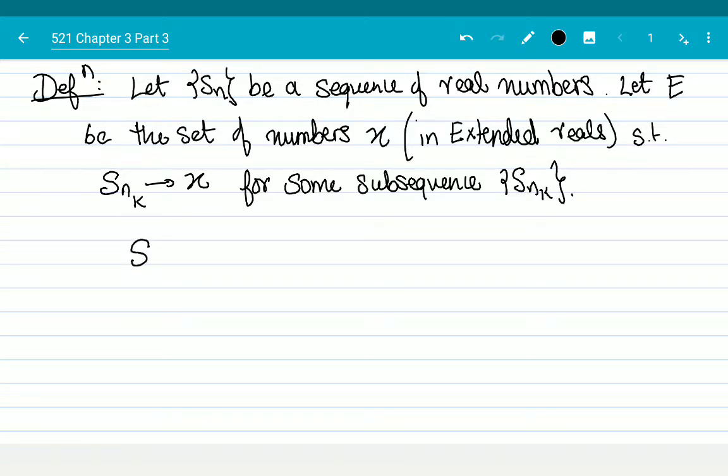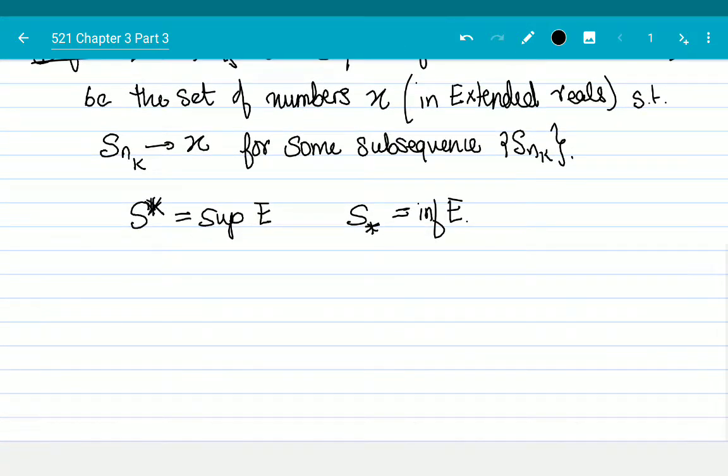Let us say that S upper star is equal to the supremum of E, and S lower star is equal to the infimum of E. These are called the upper and lower limits of Sn.